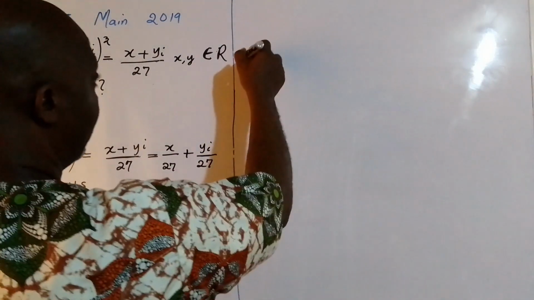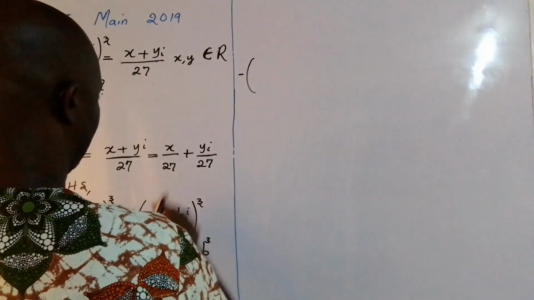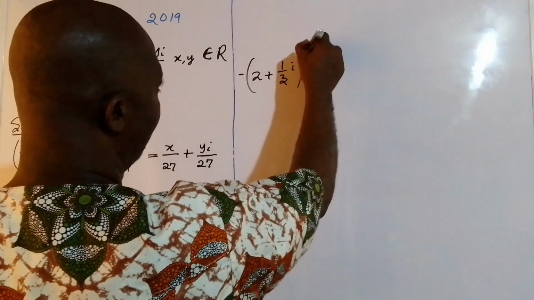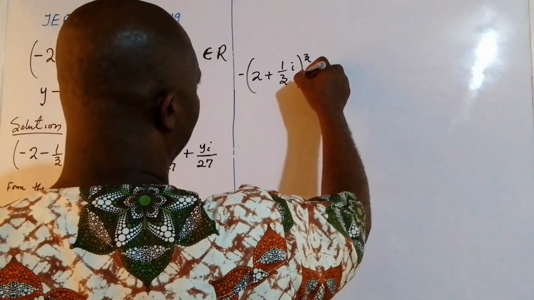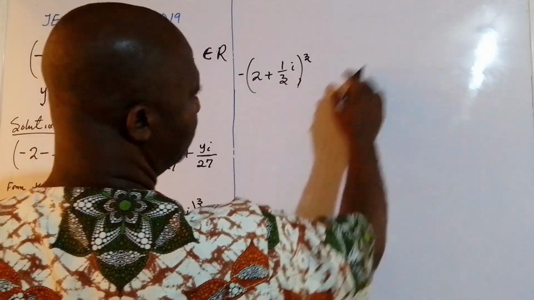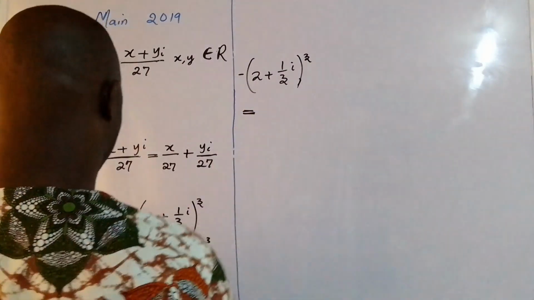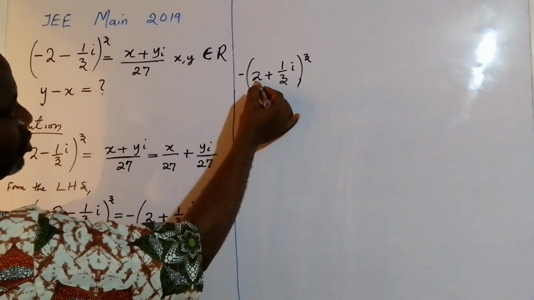So let's expand minus (2 plus 1 over 3i) to the power of 3 using Pascal's triangle. I'm going to do that here so that I can have enough space. Equal to, the first term here is a cubed, and our first term a is 2.